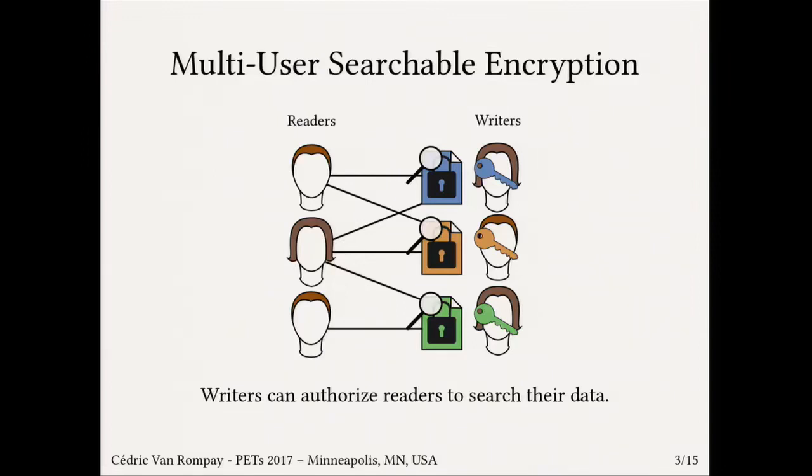What we found is that all the efficient existing MUSE schemes provide close to no privacy as soon as some users, even a very small number of them, collude with the server. It makes the attack very powerful because with a very tiny collusion between the server and a very small number of users, we'll see a very large violation of the privacy.